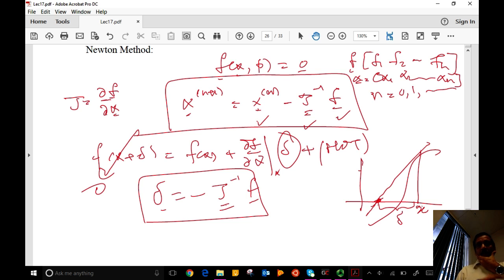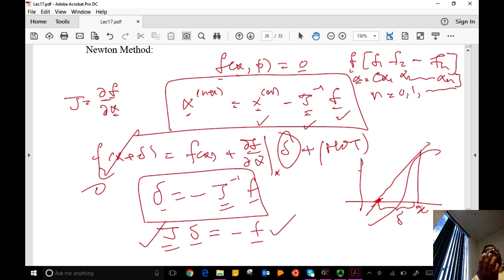Now, I said earlier that solving a set of linear algebraic equations is the most important part. What do you get here? The need to solve a system of linear algebraic equations. You can look at it as J delta equals minus f. J is known, f is known, you're solving for delta, right?